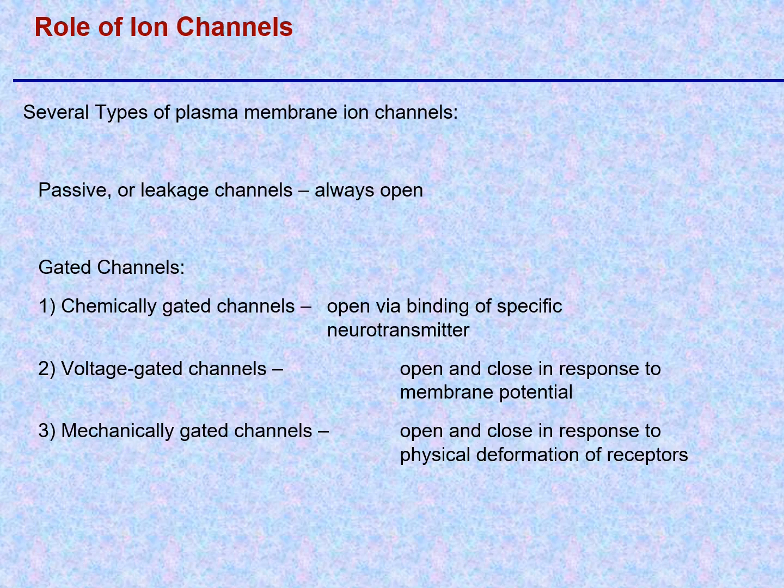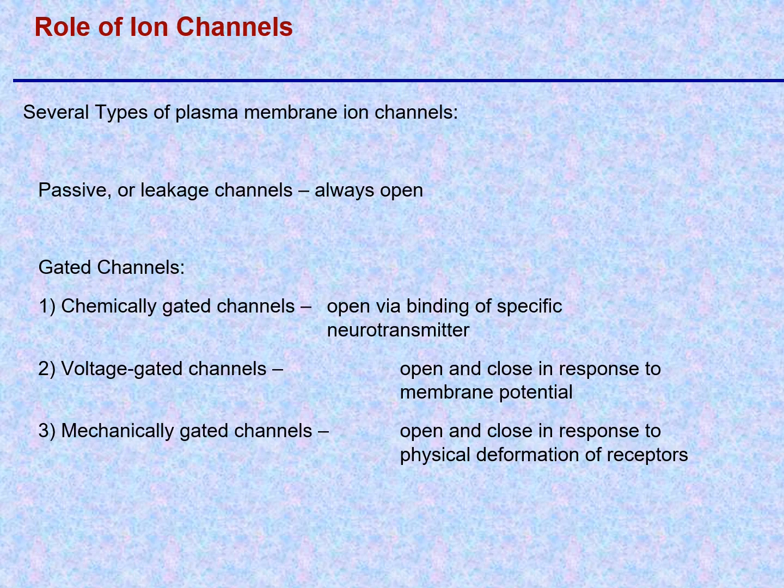There are three major types of these gated channels: chemically gated, voltage gated, and mechanically gated. The chemically gated ones will open if a specific neurotransmitter molecule binds to a receptor on the channel itself, a receptor specific for that particular neurotransmitter.